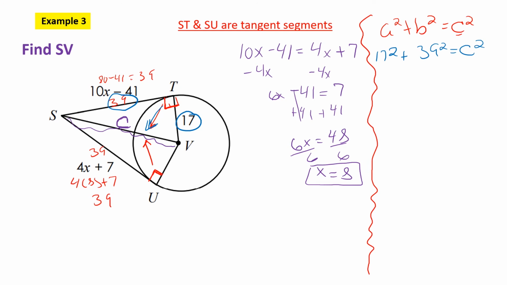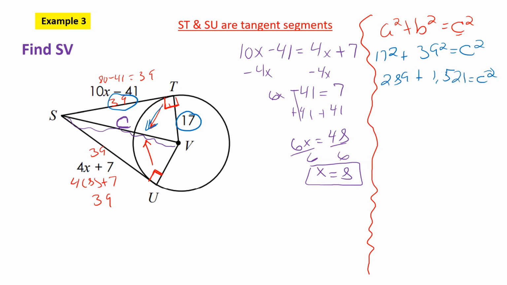So now I don't have my calculator ready like I should have. So 17 squared is 289, and 39 squared is 1,521.